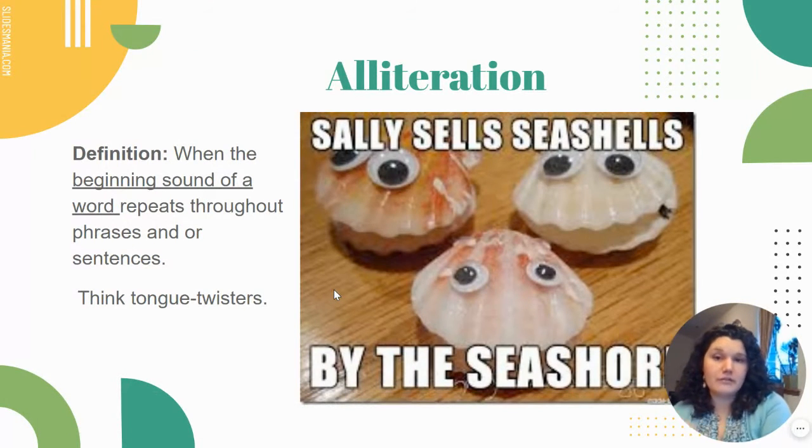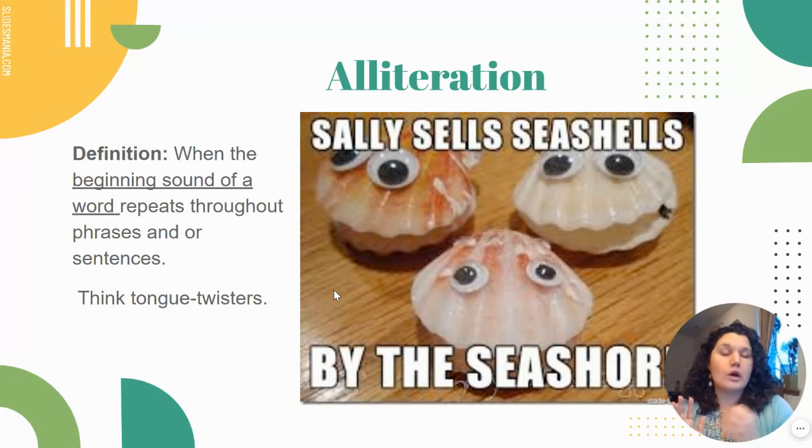That is figurative language. Alliteration, this is where writers continue to tweak the things that they say, but they do it very intentionally. So alliteration is like a tongue twister, when the beginning sound of a word repeats throughout a sentence or a phrase.